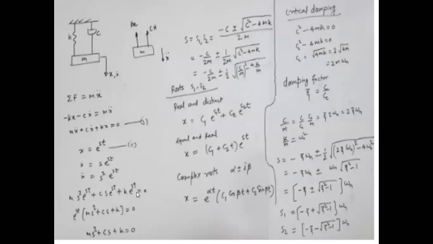I will give you 2 minutes to read all these equations, try to understand how everything has come, and write it down in your notebook. I will give you 2-3 minutes. Please do this, because we have to be very clear with this; there are a number of concepts.